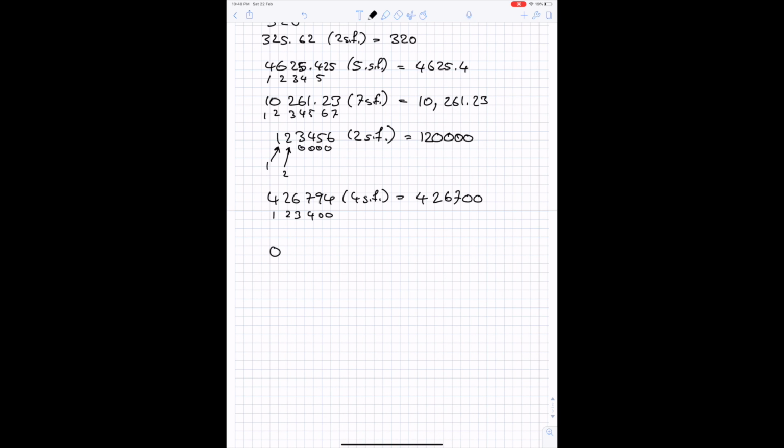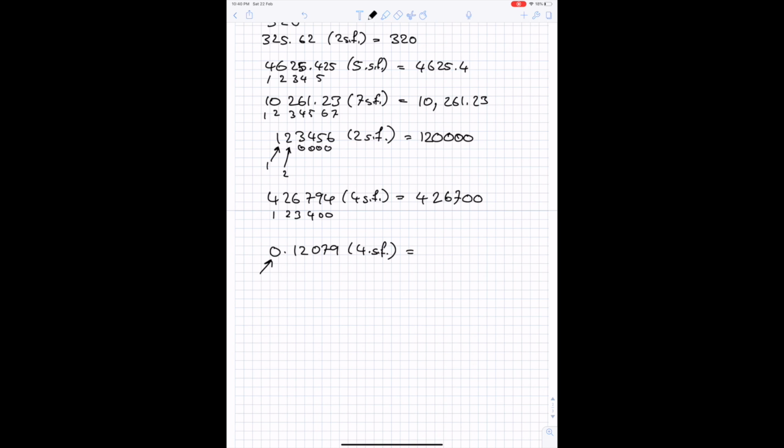What about 0.12079 to four significant figures? Now notice how with significant figures we're dealing with the first non-zero number. So this number here would not be your first significant figure, because it's a 0.